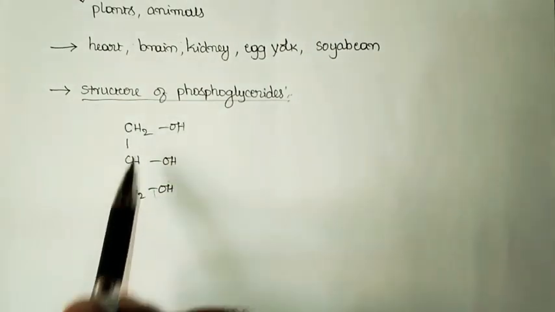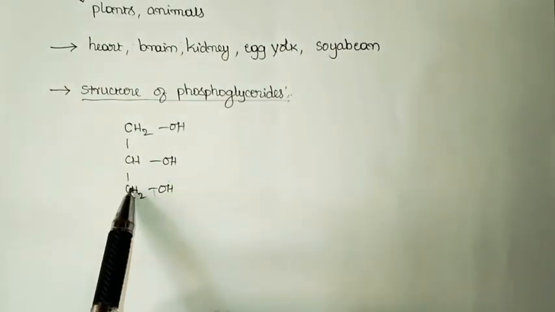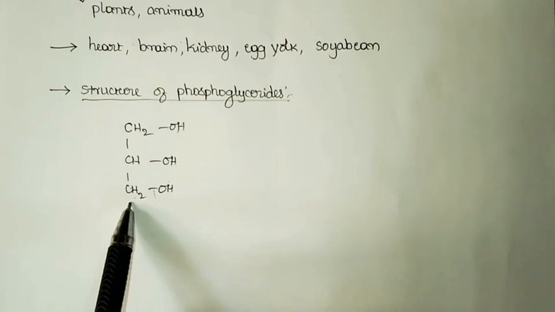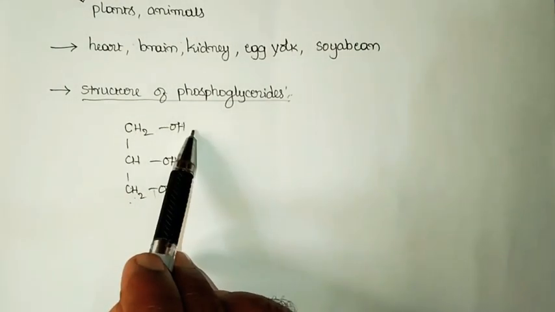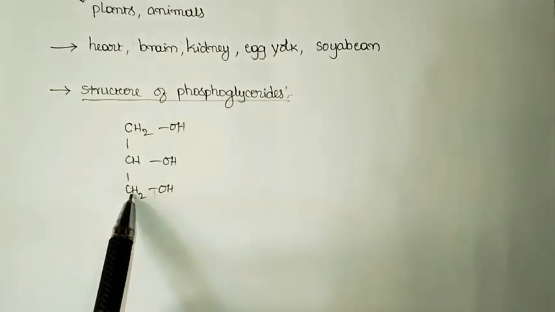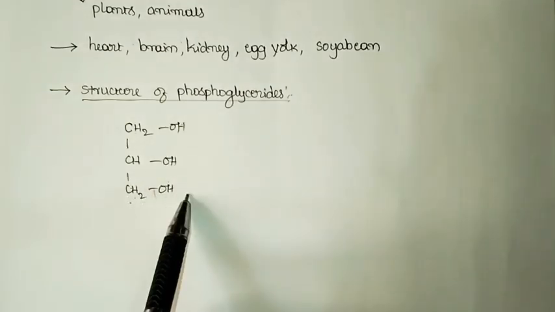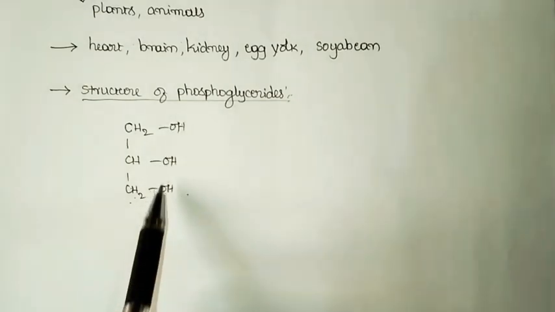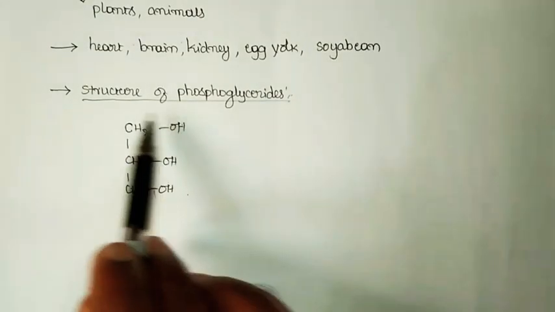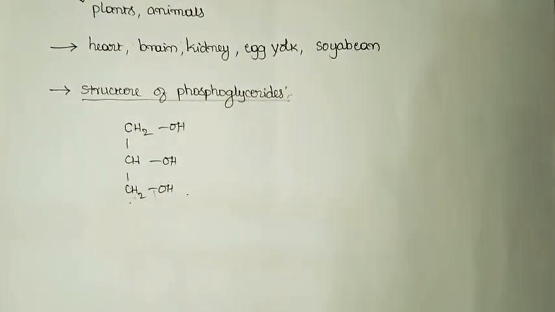Though the first and third positions have primary alcoholic groups only, they are still stereochemically not identical. The reason is that one is attached to a fatty acid molecule and the other to a phosphate group. Due to the presence of different groups, stereochemical similarity cannot be observed.